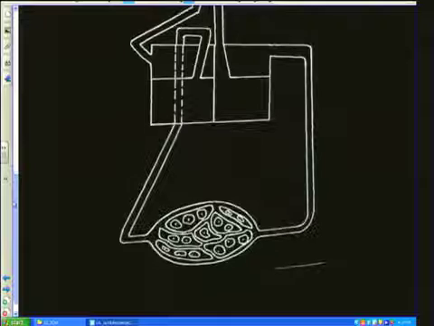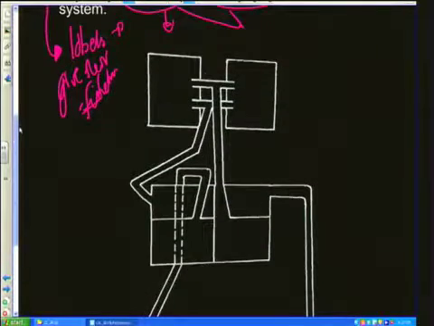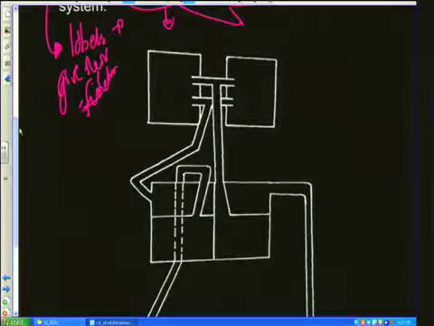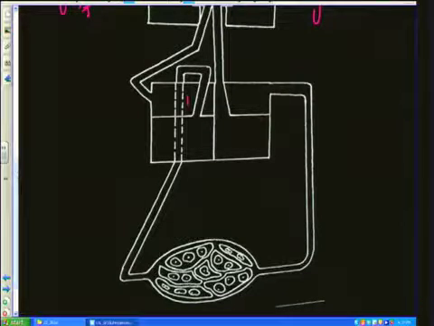So if we have to look at it, everything looks very confusing, doesn't it? So let's start. We said it's a systemic, almost systemic, a simple one. Okay. If I have a look over here, where am I going to start off with? Okay. Here's my lungs. Why? Because I know in the center, 1, 2 different chambers.